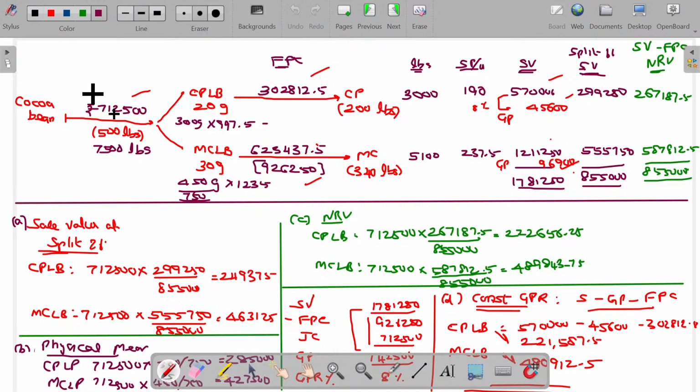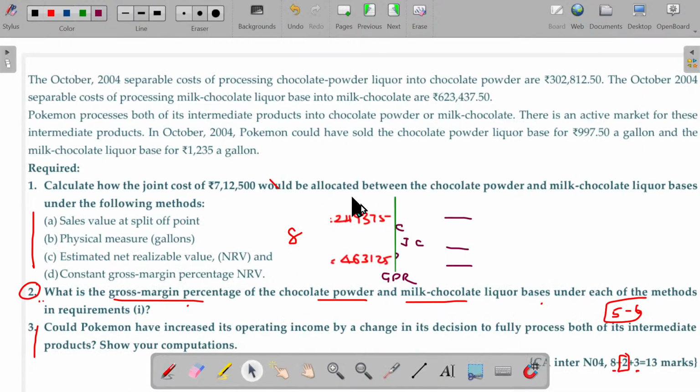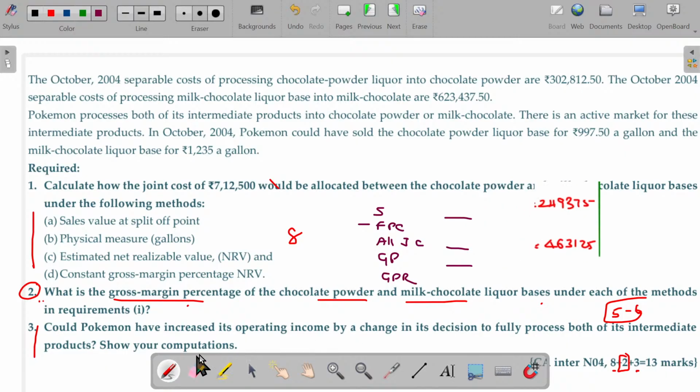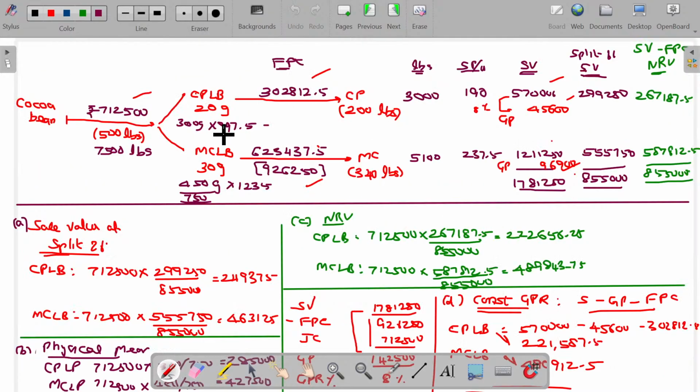Okay, for the first one, I'll just pick this one. So how much is that? Allocated joint cost being 2,49,375 and further process cost for this one being 3,02,812.5. Sales being 5,70,000.